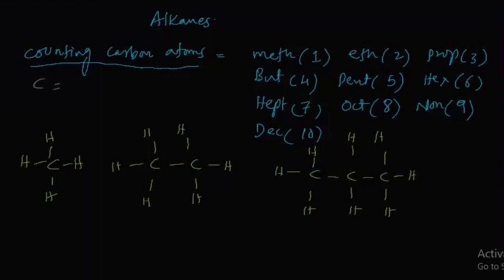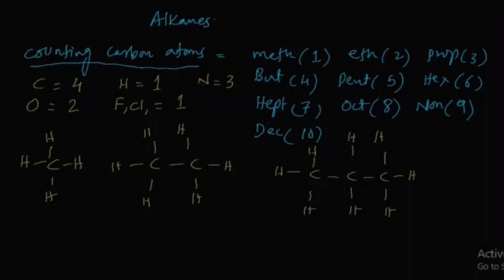Oxygen can make 2 covalent bonds, and the halogens, fluorine, chlorine, bromine, can make just 1 covalent bond. And nitrogen can make 3 covalent bonds.